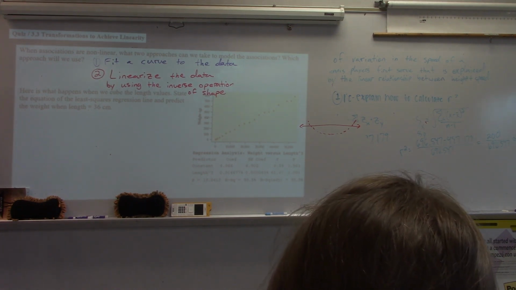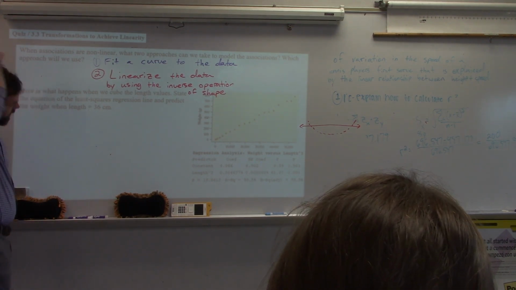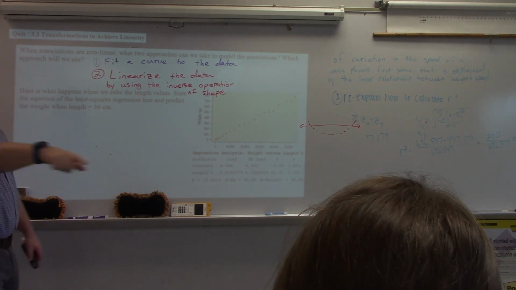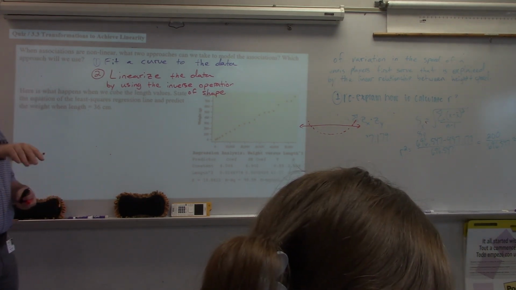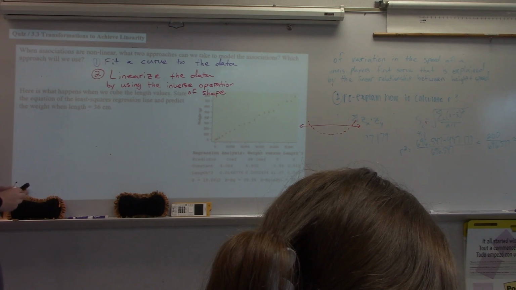Now, let's look at this. You should have the Minitab output at the bottom of that scatter plot, right?